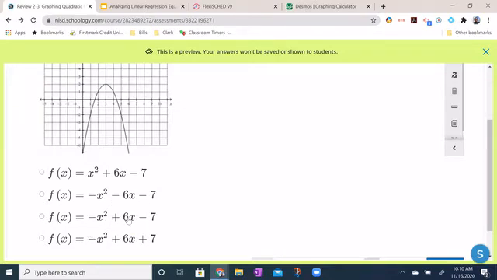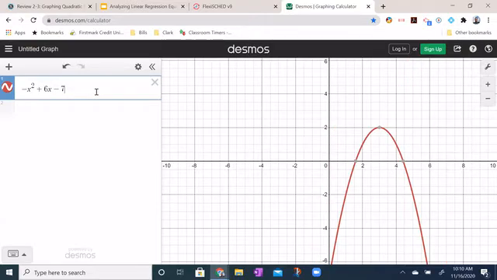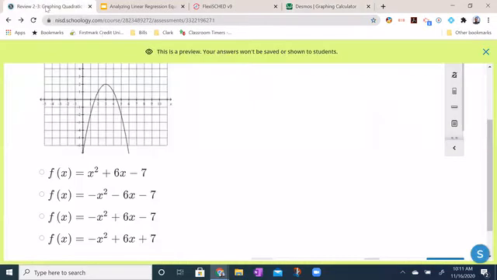So -x squared plus 6x minus 7, right? As you can see, here's the graph. There's this vertex. We're looking for 3 and 2. So going back to our problem, it is 3 and 2. This looks like it's it. All right, we can check.